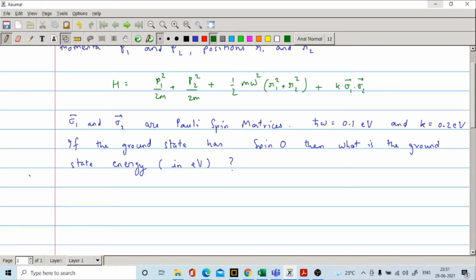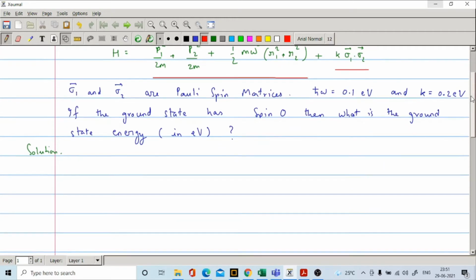Okay, so to solve this question, what we need to see is that the Hamiltonian has two parts. So this is the first part, which is the two-dimensional harmonic oscillator, and this is the spin part.